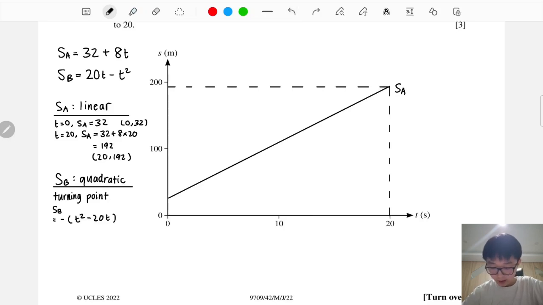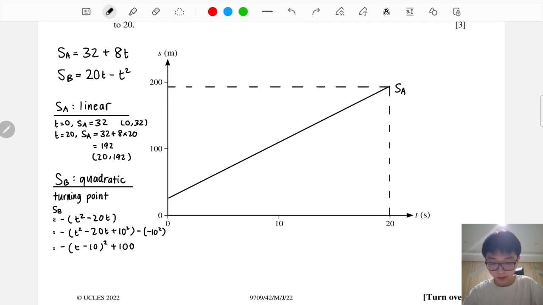So we can first group the expressions into a bracket and complete the square. We add a term inside the bracket so that it can be turned into a complete square, and then we subtract the term outside of the bracket. And this gives us the expression of negative (t minus 10) squared plus 100.